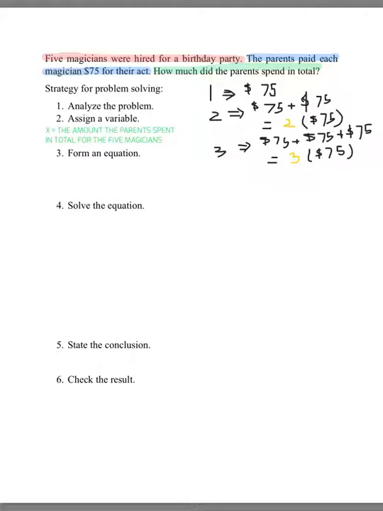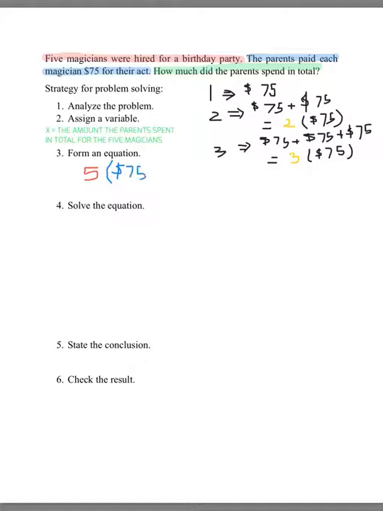So now, following this ideology, we want to be able to form an equation. However, instead of 1, 2, or 3 magicians, we want to incorporate using 5 magicians. So our equation is going to be the number of magicians that were hired for the birthday party, which is 5. And we're going to multiply that by the rate per magician, which is 75.